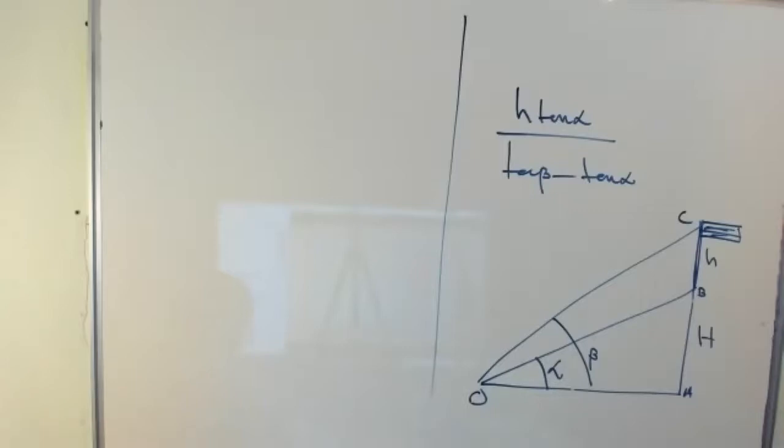Let O be a point on the plane containing the foot of the tower such that the angles of elevation of the bottom B and top C of the flagstaff at O are alpha and beta respectively.